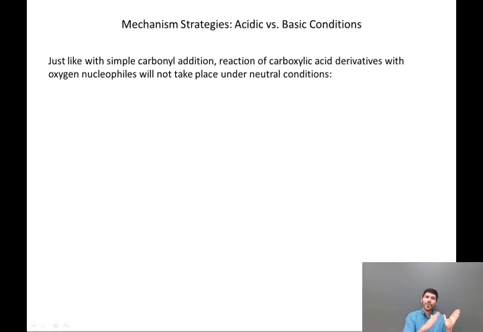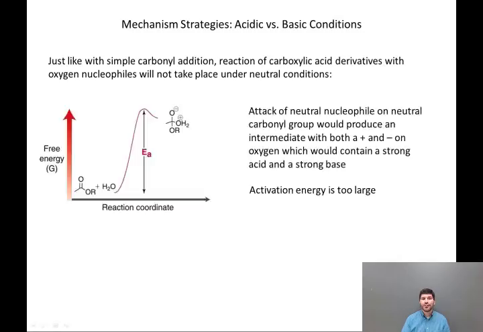When we move from the world of nitrogen to the world of oxygen, that is no longer the case. Just like with simple carbonyl addition, the reaction of carboxylic acid derivatives with oxygen nucleophiles will not take place under neutral conditions.